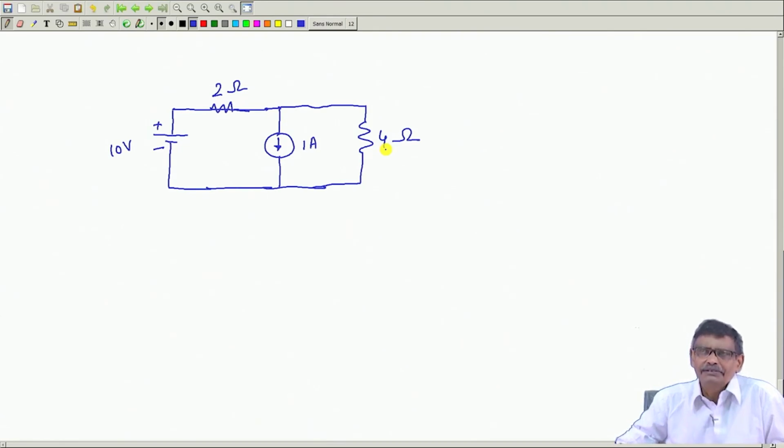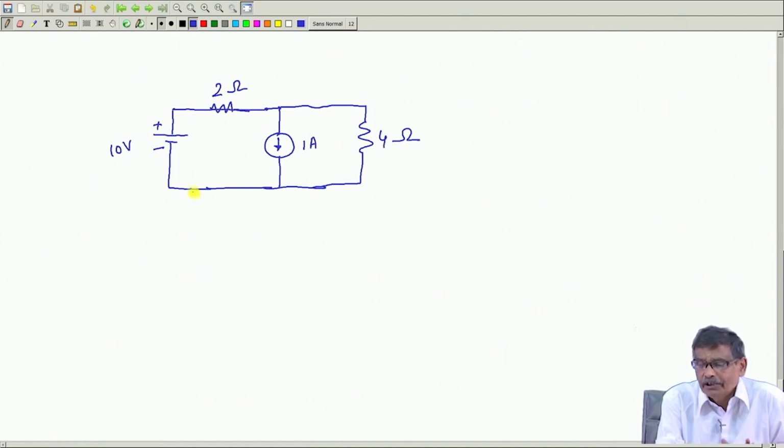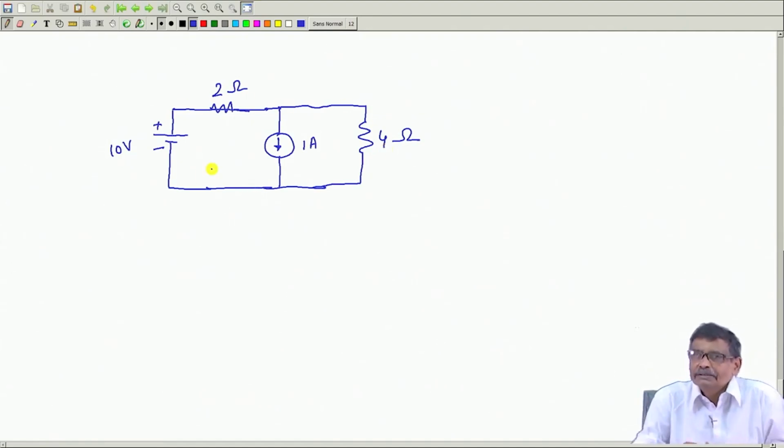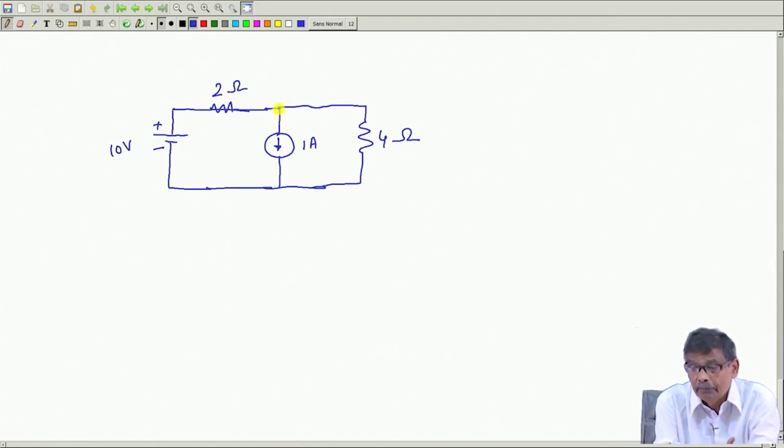One point, I will not say it will add to your knowledge, but one thing is clear: since you have to find out currents in all the branches, I will be happy to see current sources present in a circuit. Why am I telling this? Because in that case this branch current is already known, 1 ampere. There are this branch and this other branch whose currents are unknown, but in this branch the current is already known.